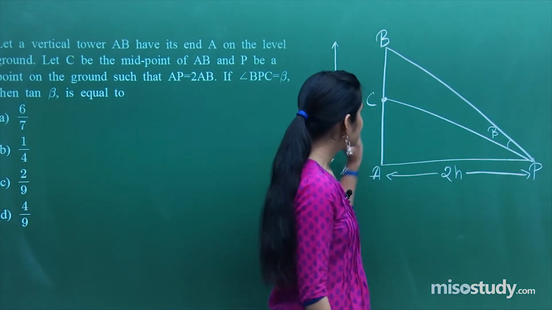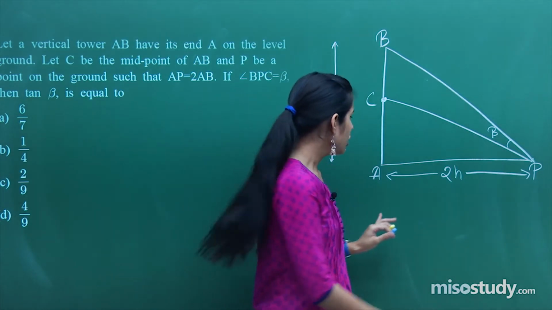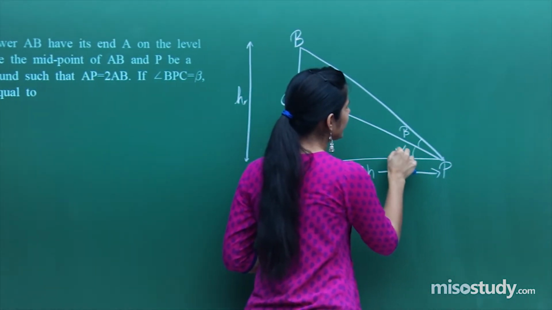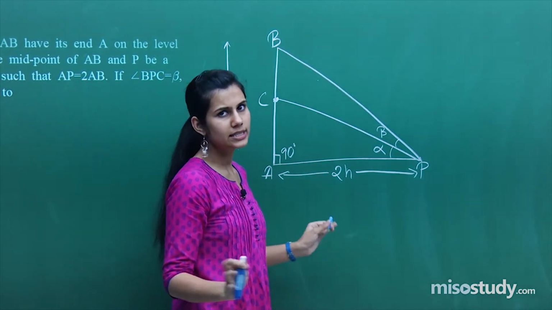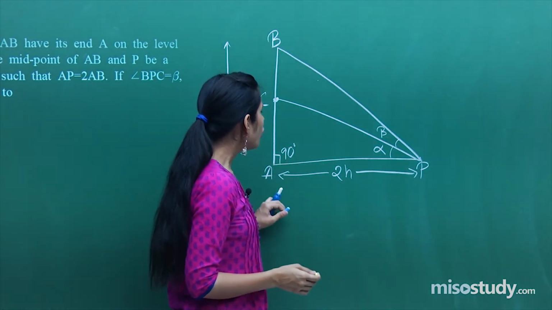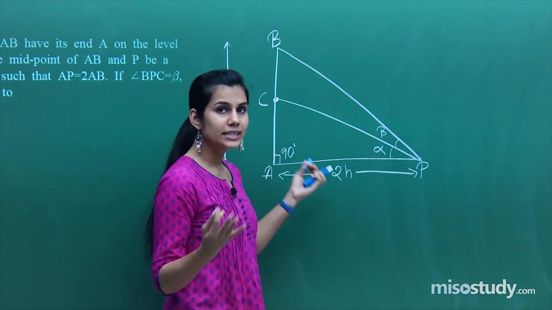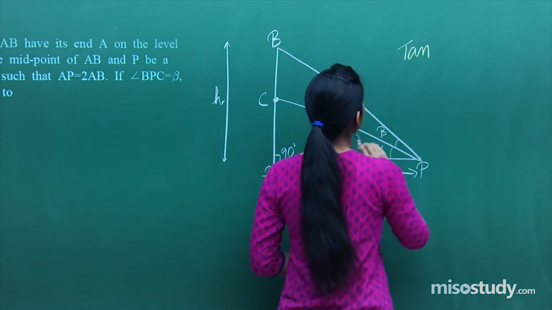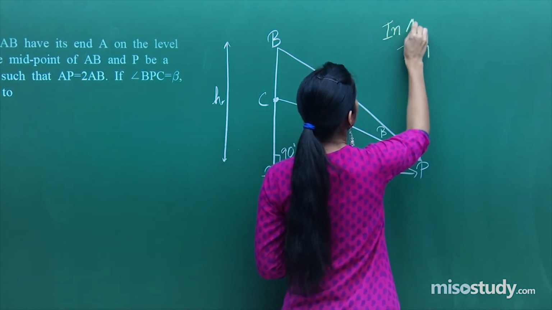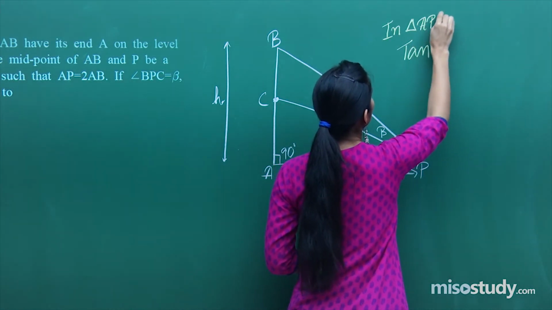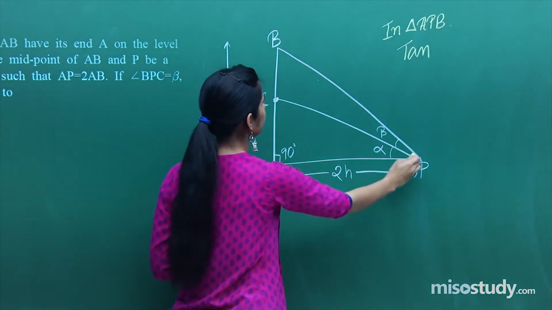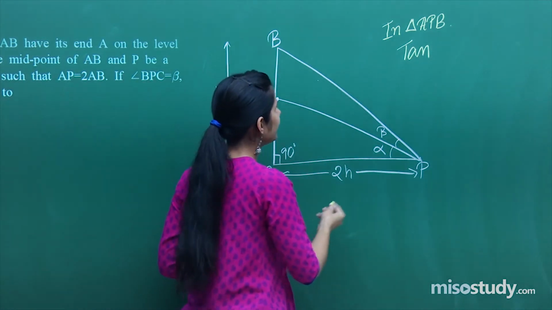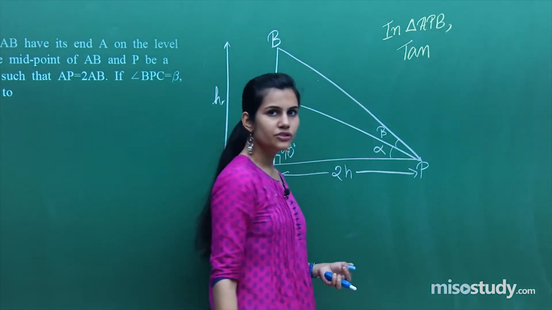Now see, this is how the structure is given to me. Over here it is evident this angle is 90 degrees. Suppose I say this angle is some angle alpha. Now it's very evident to use the tangent ratio. If I talk about triangle APB, the biggest triangle, it's a right angle triangle, so I can talk about the tangent ratio.